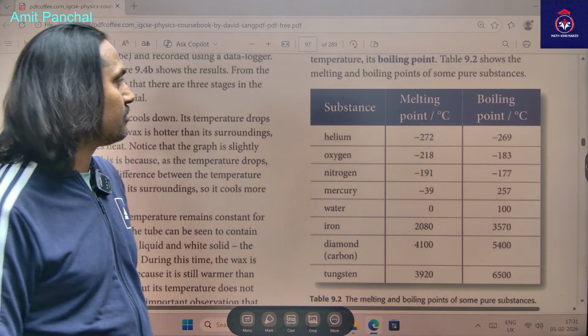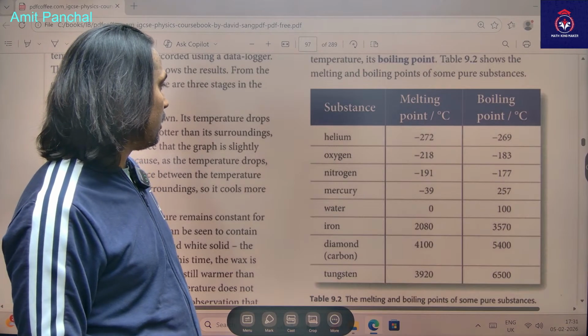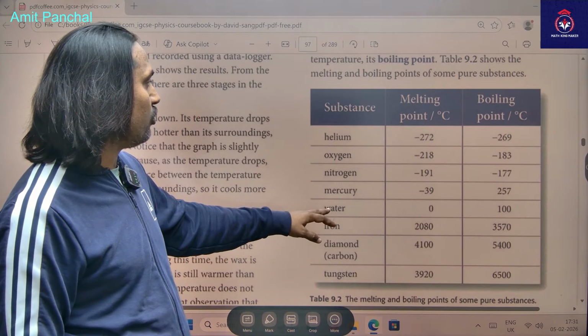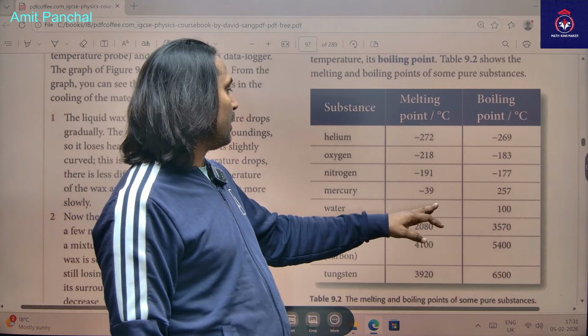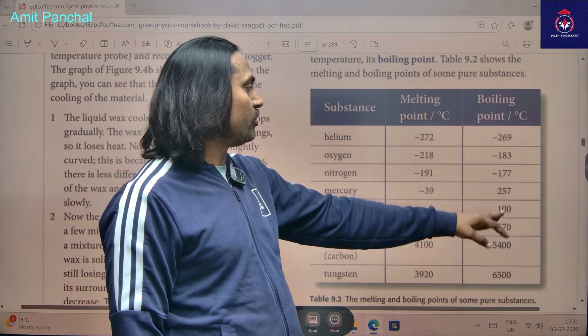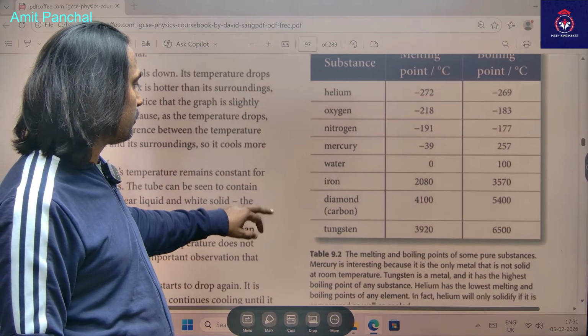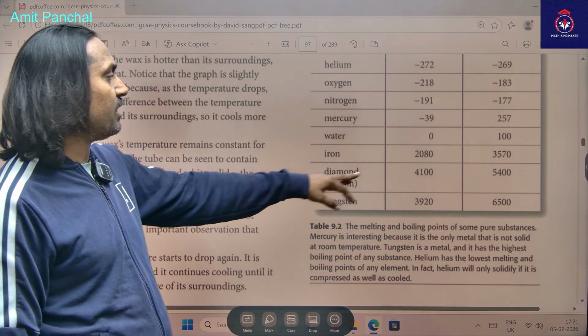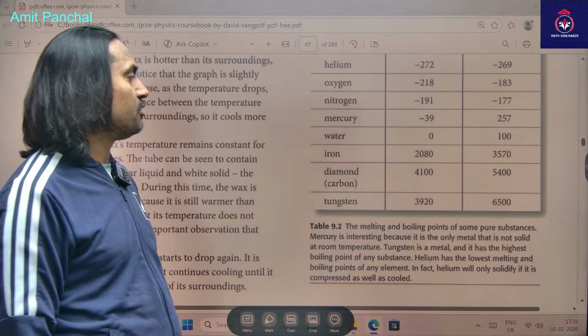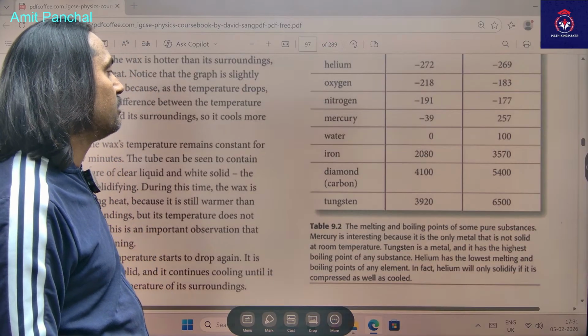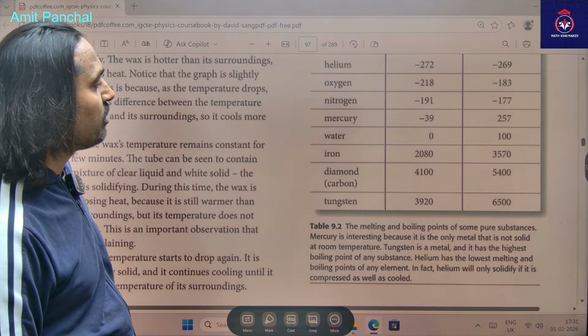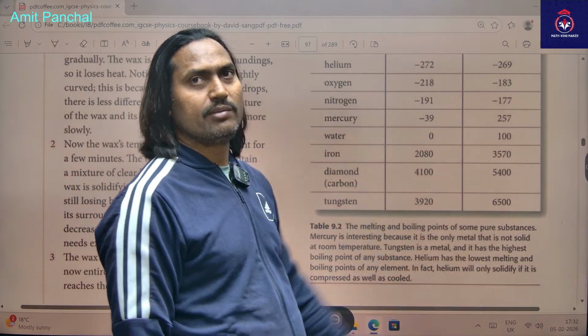Water's melting point is 0 degrees and boiling point is 100 degrees. Diamond's melting point is very high, 4100, and its boiling point is 5400.